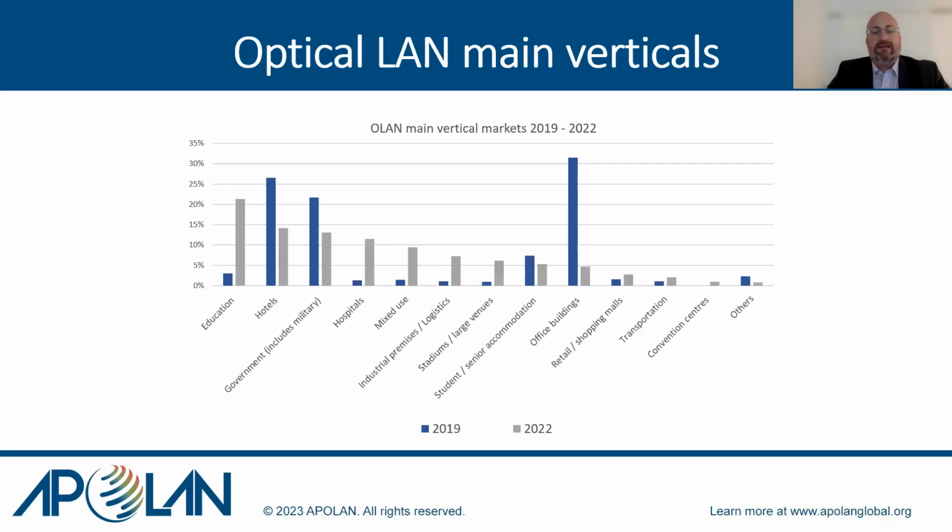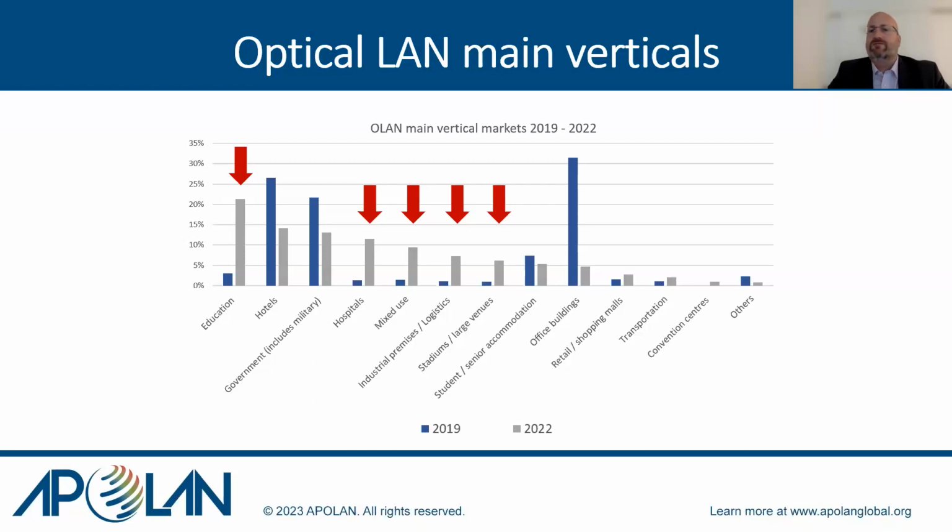And in fact, now I'm showing you here how the market looked like in 2022, with education taking the lead, but hotels are also important. Of course, because of the number of other verticals taking a share of the total market, they look smaller, but they are really important.